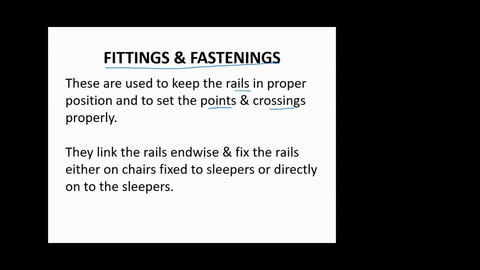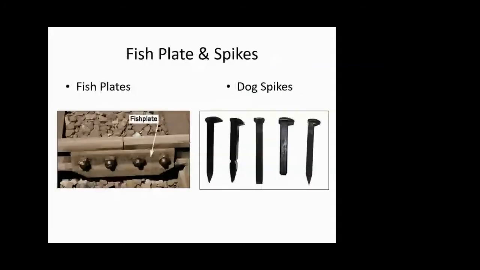They link the rail endwise and fix the rails either on chairs to the sleeper or directly to the sleeper. So we'll be seeing what this chair is, or how you can directly place it on the sleeper. The rails are linked endwise, meaning the end of the rail in the transfer direction is fixed to the sleepers.